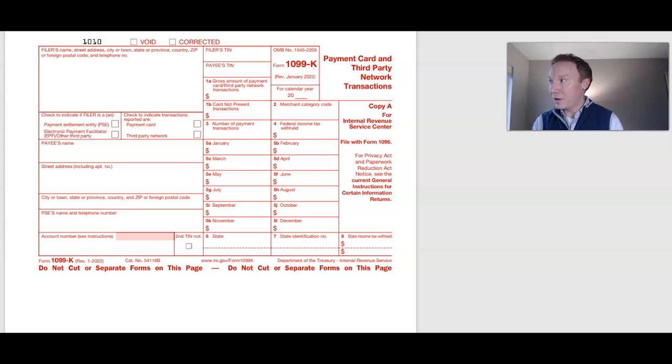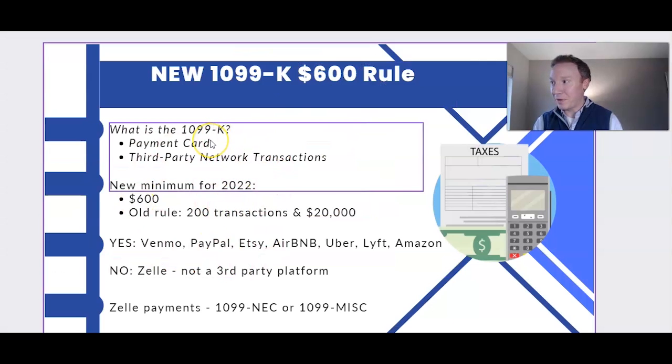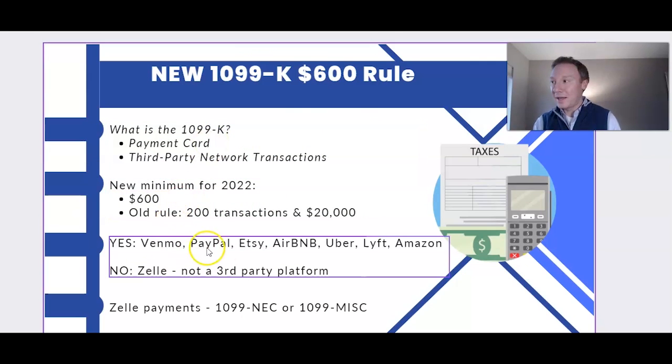Now, what's important here, going back to the example with the whole 1099K, is a lot of businesses or business owners, and I call Uber drivers or Lyft drivers or Airbnb hosts business owners, right? You're running a business, so you don't want to commingle your personal and your business. So if you've been getting Zelle payments from another business to your business for the services that you're performing, that's great.